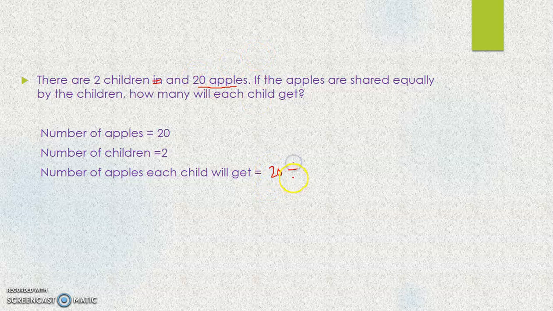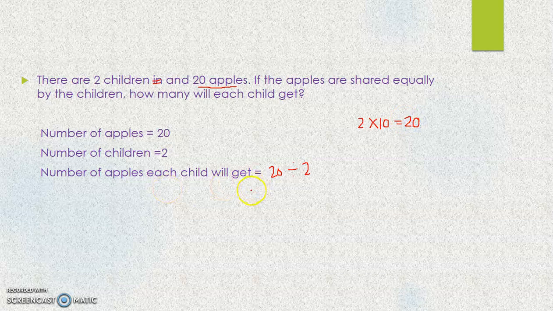20 divided by 2, 2 into എത്ര ചെയ്താലേ 20 കിട്ടും എന്ന് നോക്കാം. We know 2 into 10 is equal to 20. 2 into, നമ്മൾ multiplication by 10 ഉം 100 ഒക്കെ കണ്ടതാണ്. അപ്പോൾ ones പ്ലേസിൽ ഒരു 0 വരികയാണെന്നുണ്ടെങ്കിൽ it is multiplication by 10. So 2 into 10 is equal to 20.